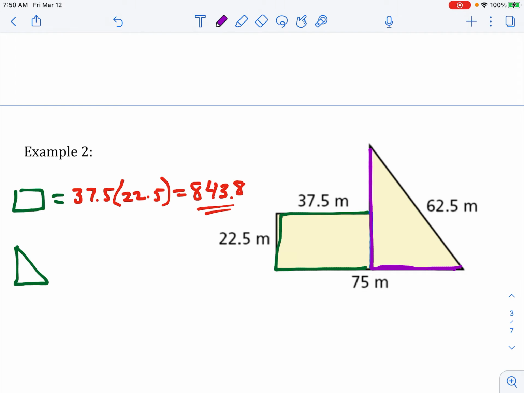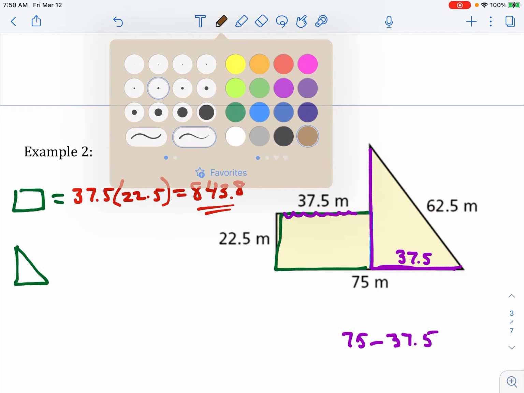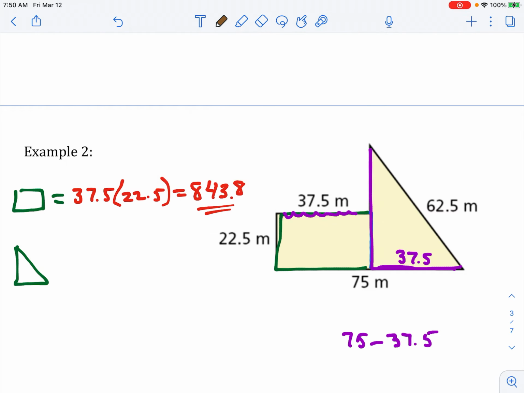If the whole thing is 75, and this top little piece was 37.5, I can take 75 minus 37.5, and that will tell me the bottom piece here, which turns out to be 37.5. Now, to give you a heads up, it is not always going to be half of it. So you've got to take that whole bottom minus the part that ran the same direction to subtract that.